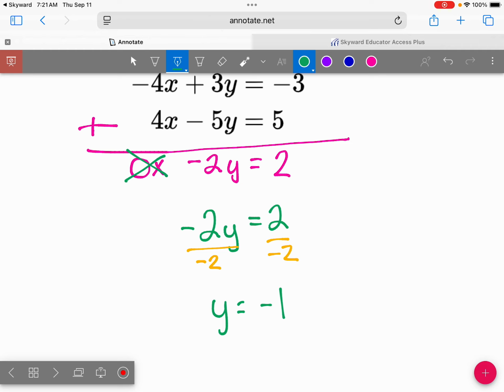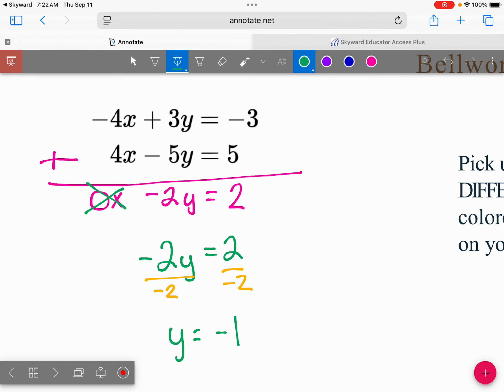We're done, right? That's my whole answer? Almost halfway. Because I have my y, I need my x, and we have to write them as a point. Can't just give me y equals and x equals. I need both as a point. So we can figure out what x is.